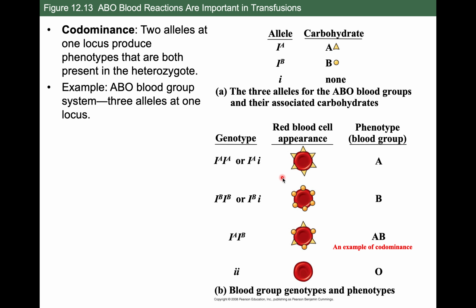Another exception is what's called codominance, and in this case, instead of the heterozygote giving you a blend of the two parents, in codominance, you basically see both of the parental phenotypes still present.